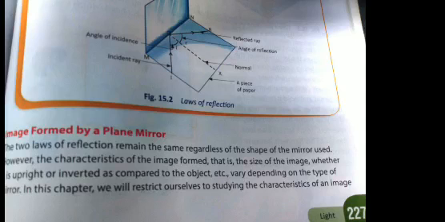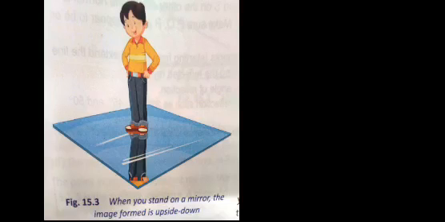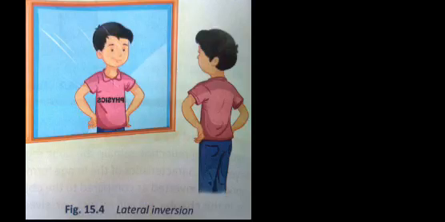The size of the image should be equal to the size of the object. The image should be upright and virtual, and it depends also on the mirror. We also found out that in virtual images we cannot take the image on a screen, and we have also found out the concept of lateral inversion.